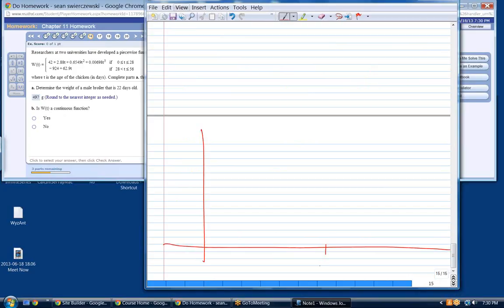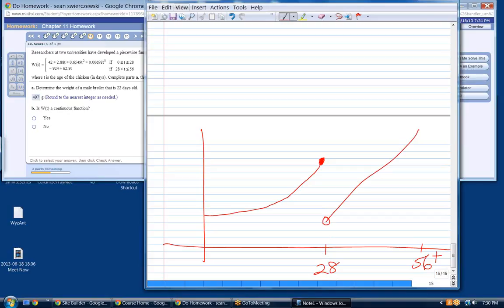Here's the 28 mark on the t-axis. Here's 56. So I know the function grows, and closed dot at 28. But then what if this second function, that's linear, could be above it or below it? What if it does something like that? Then it wouldn't be continuous.